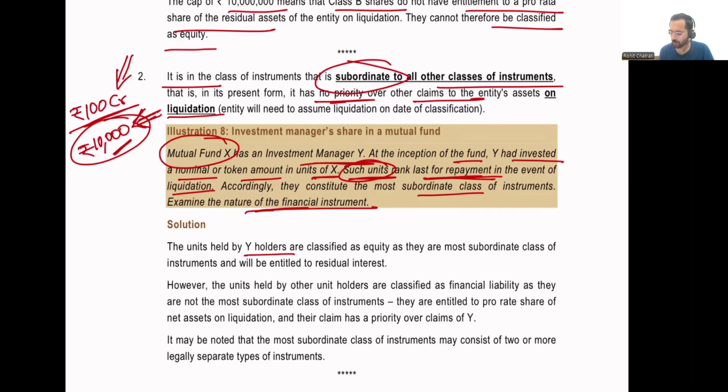The units held by Y are classified as equity as they are the most subordinate class of instruments. However, the units held by other unit holders are classified as financial liability as they are not the most subordinated class.